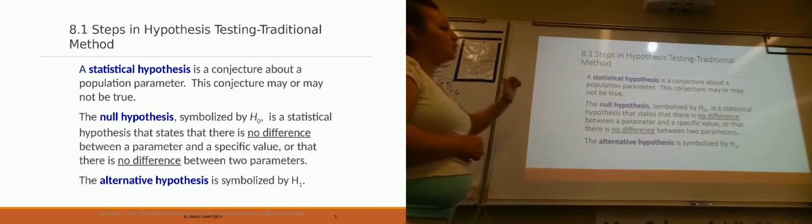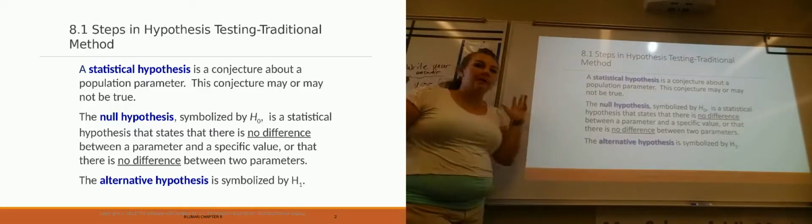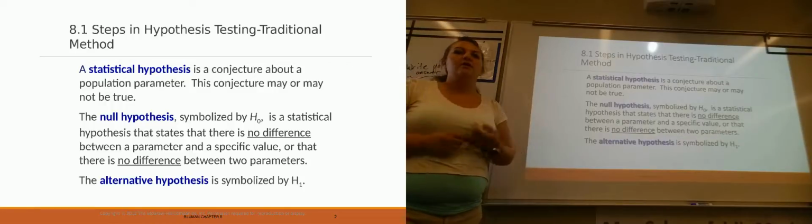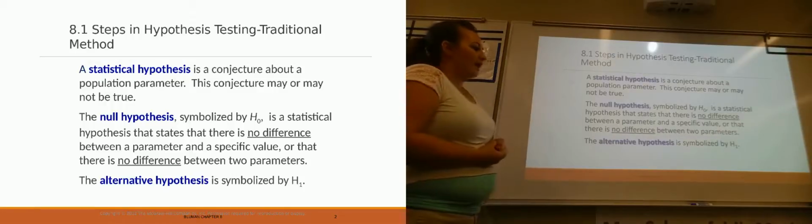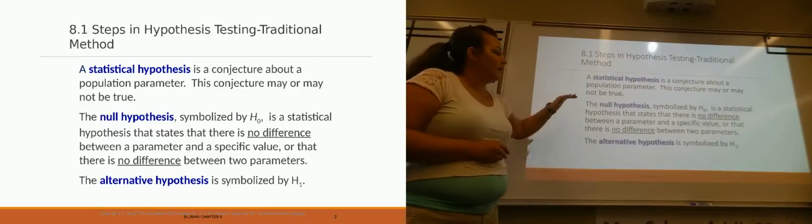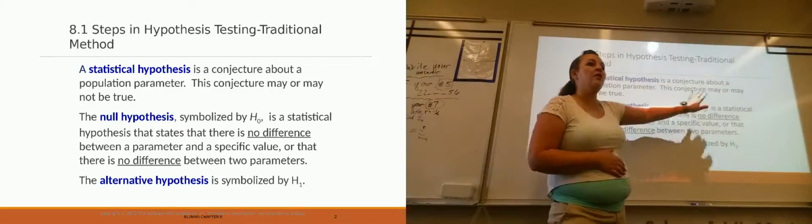Okay, so a statistical hypothesis is a conjecture about some sort of population parameter. The conjecture may or may not be true. That's like anything, right? So we have two different hypotheses that we're testing. We're going to have the null hypothesis, which is symbolized by H0.